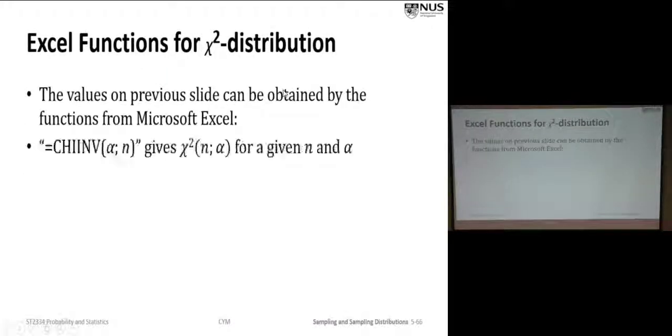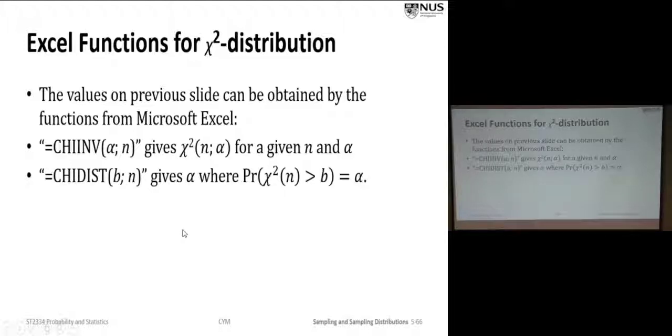You can also use Excel. The idea is to use the word chi to find something to do with the chi-square distribution. This one is to find the cumulative probability. This one is to find the quantile, the inverse.